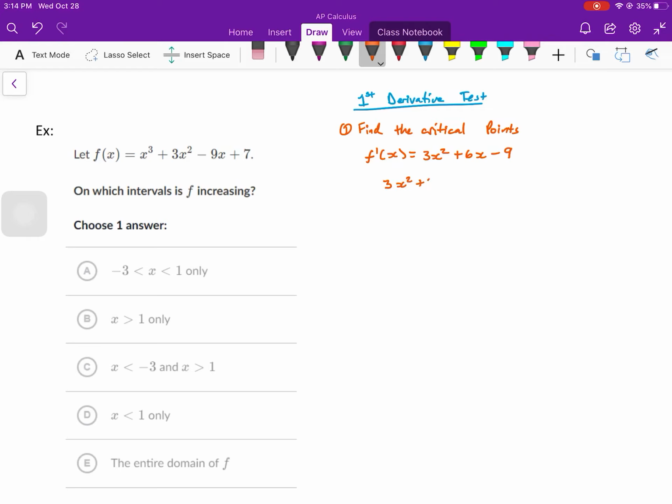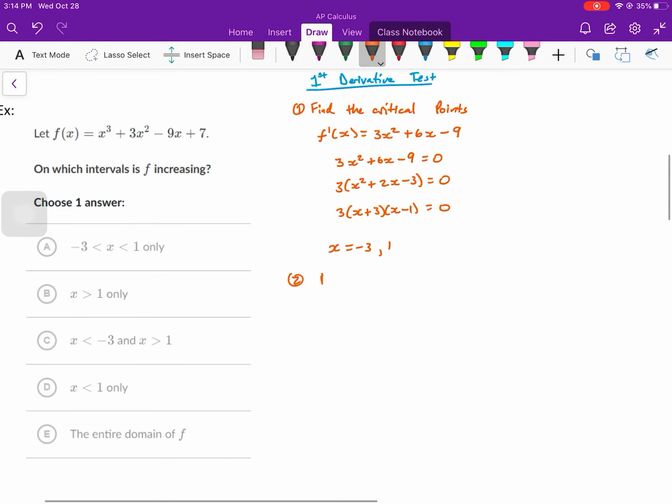And we're going to set it equal to 0. We're finding the critical points, just like that last section. Let's factor out the 3. Continue to factor. And so the critical points are x equals negative 3 and 1.